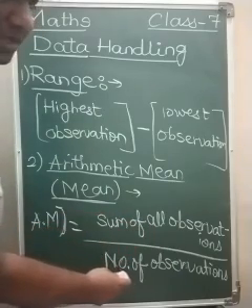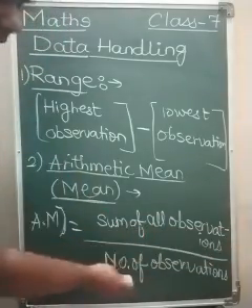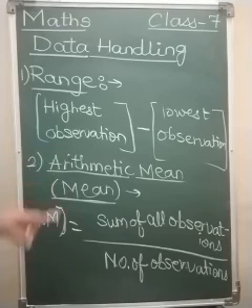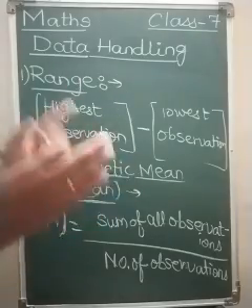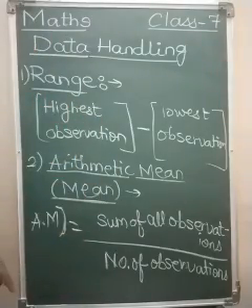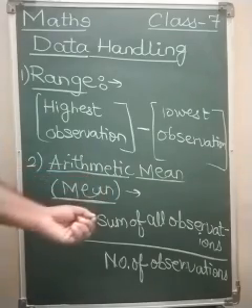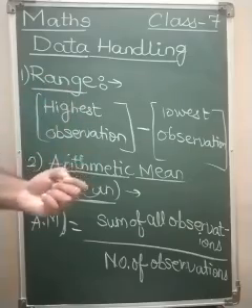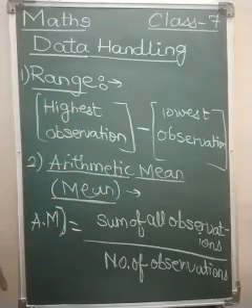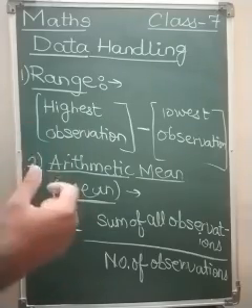So number of observations means 50. Whatever total comes, divided by 50 will give us the arithmetic mean of the data, the average mark scored by the class. So the data of 50 students is there, but the arithmetic mean represents a single value which represents the average marks gained by the students.